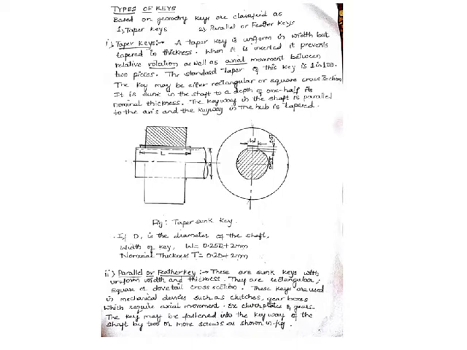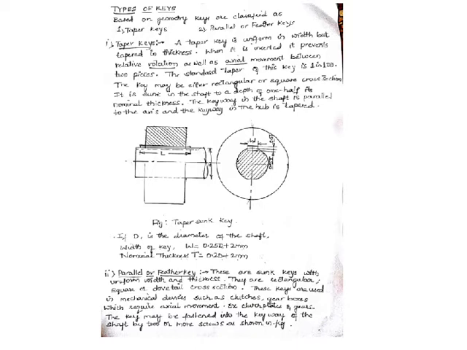In the figure we can see that D is the diameter of the shaft and L is the length of the key. In the side view we can see the width of the key, indicated by W. We can also see that half of the key is inserted inside the shaft, that is 0.5 times the thickness.